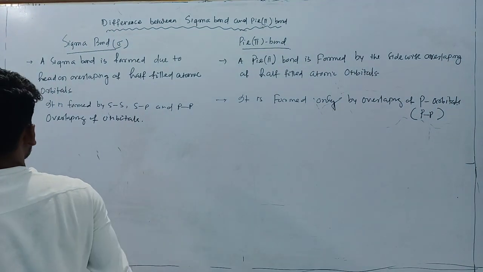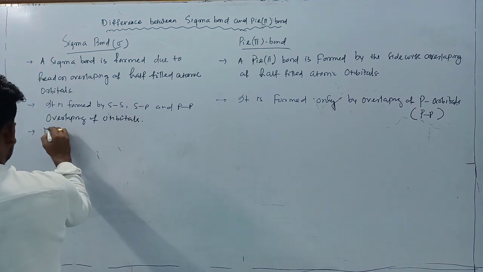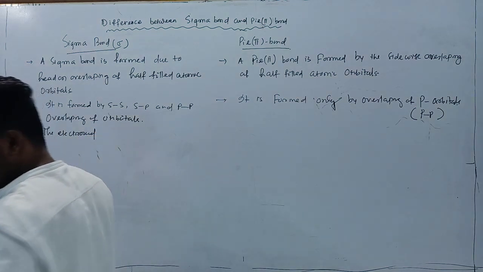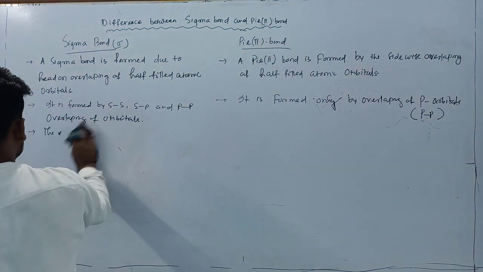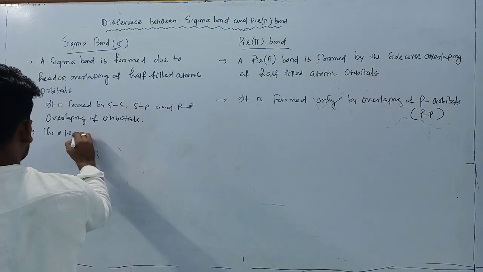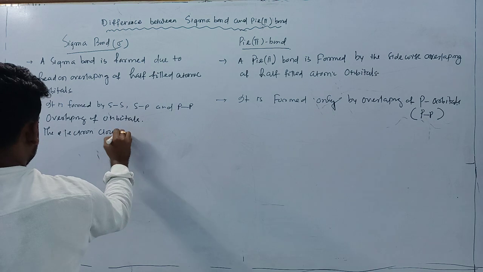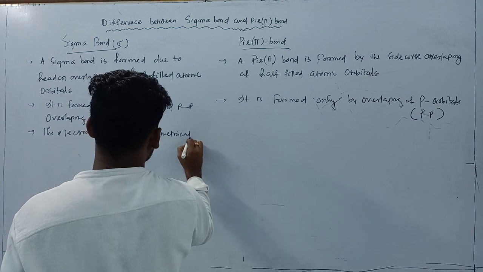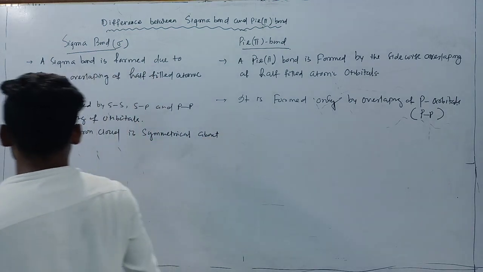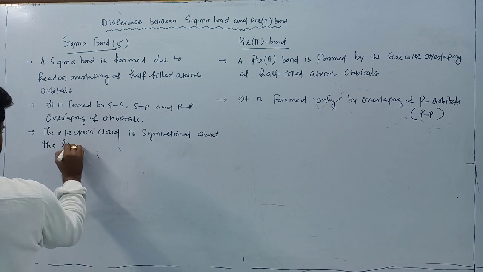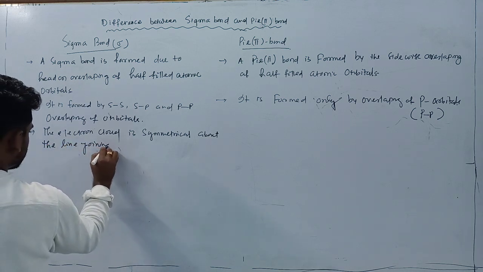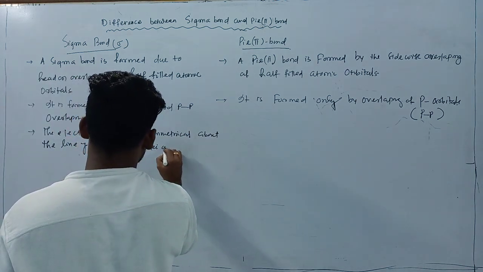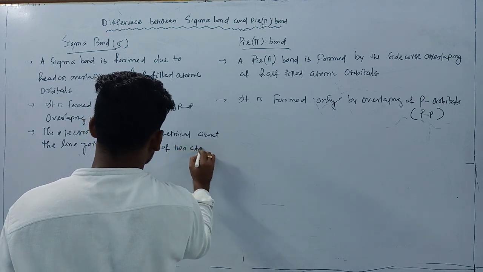Next, the electron cloud is symmetrical about the line joining the nuclei of two atoms.